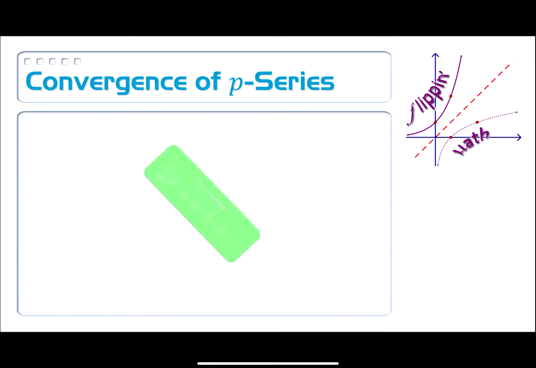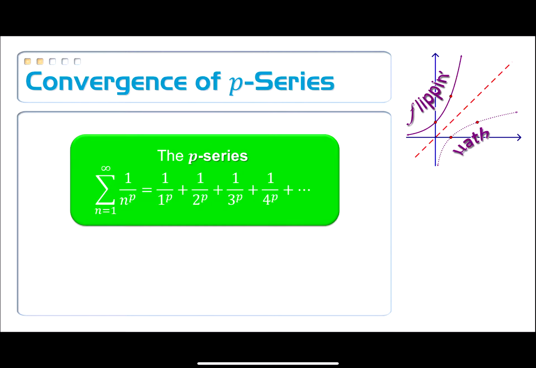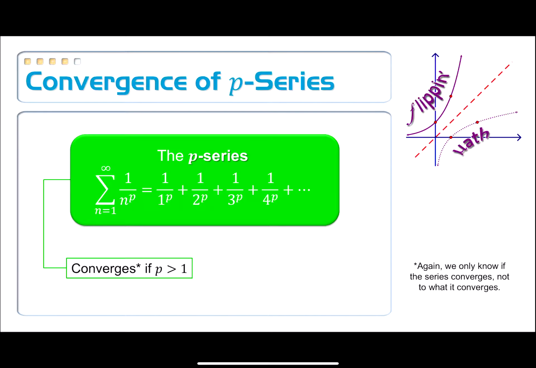All right, so here is the formal statement for the convergence of a p-series. We have a p-series defined, summation from n equals 1 to infinity of 1 over n raised to the p, which is equal to 1 over 1 to the p, plus 1 over 2 to the p, plus 1 over 3 to the p, and so on. We know that this thing converges as long as p is greater than 1.